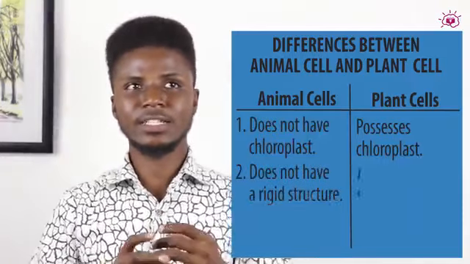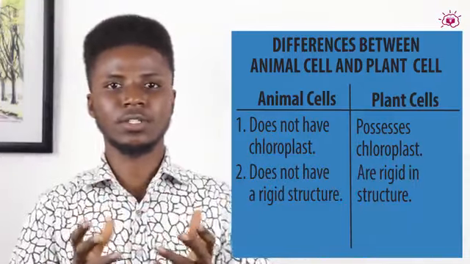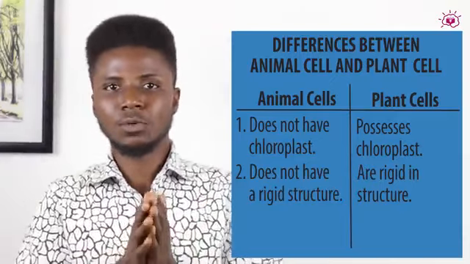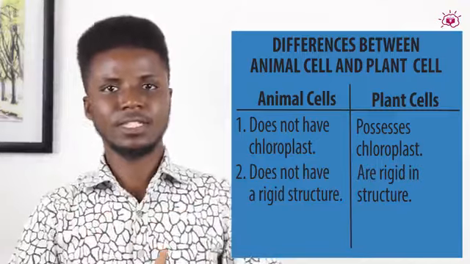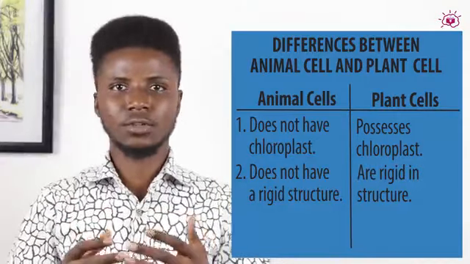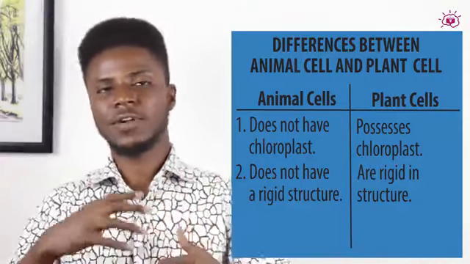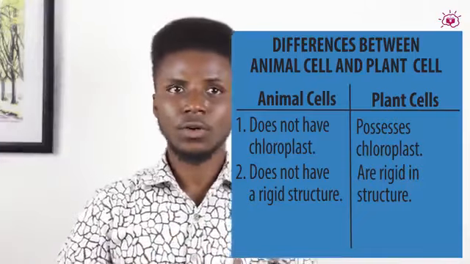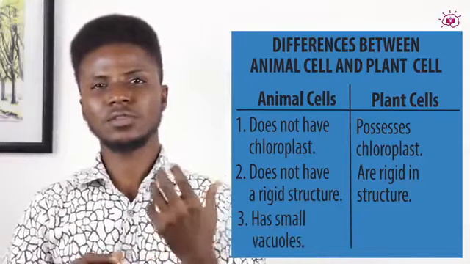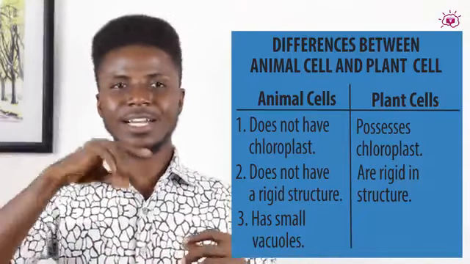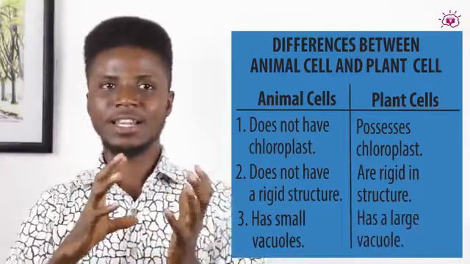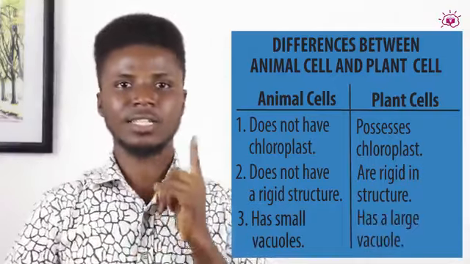Also, the animal cell structure is not rigid because it doesn't have what is known as the cell wall. The cell wall is what makes the plant cell rigid. Animal cell doesn't have this, and so it is not rigid. It is either spherical or amoeboid in shape. Also, animal cells have small vacuoles scattered around, whereas the plant cell has one very large vacuole.